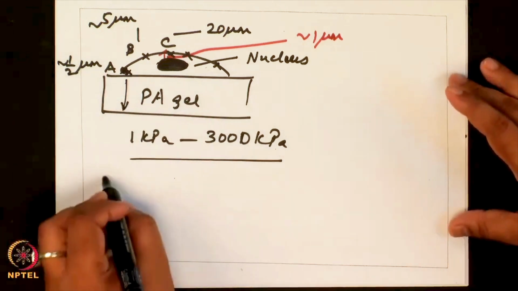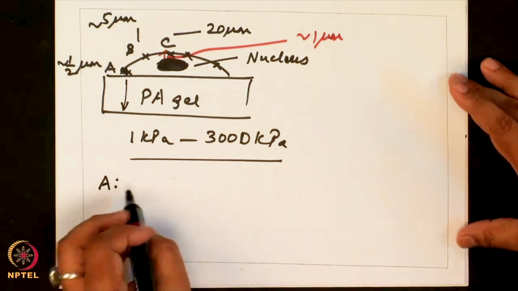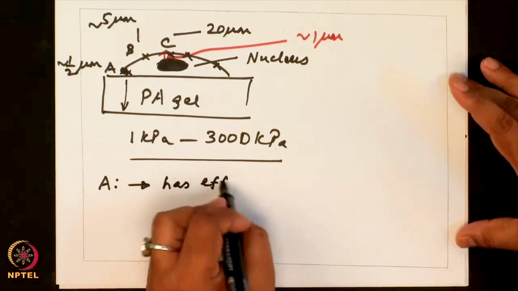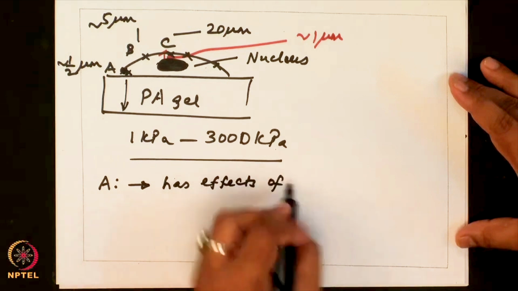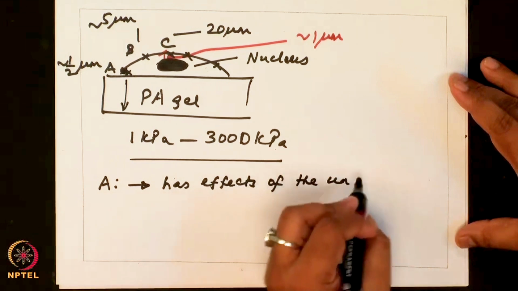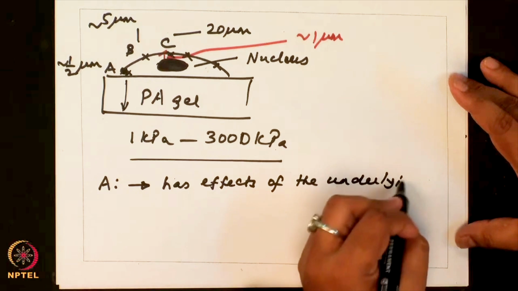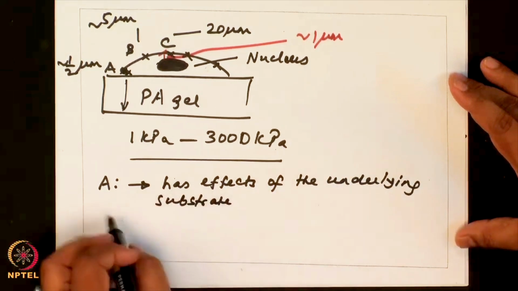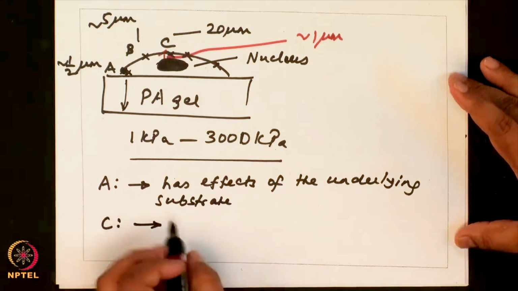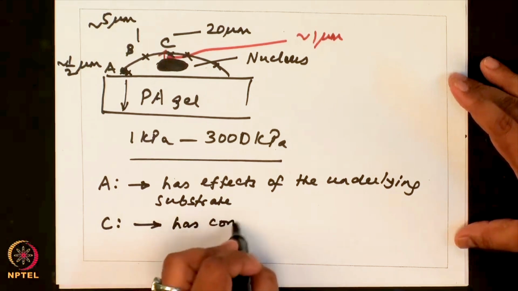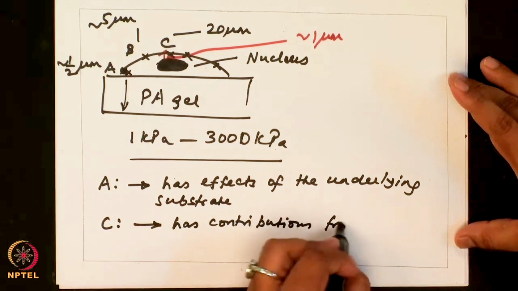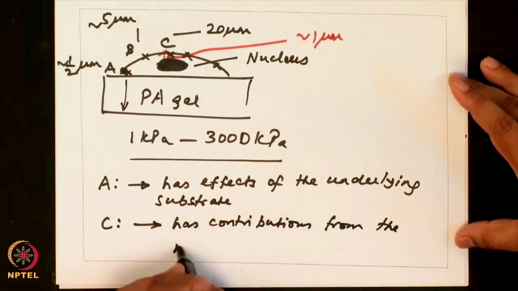At point A, whatever you measure or estimate has effects of the underlying substrate. At point C, it has contributions from the nucleus.